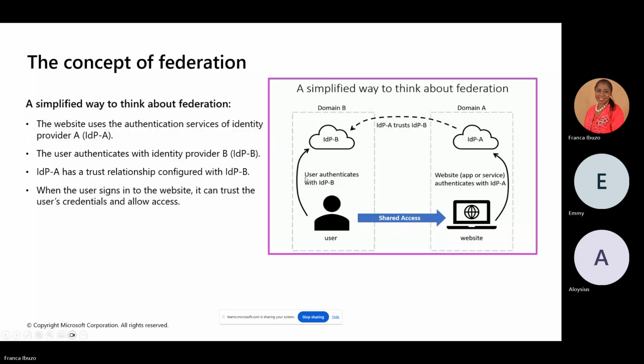The user authenticates with identity provider B, and the website, app or service authenticates with identity provider A. And identity provider A trusts IDP B.